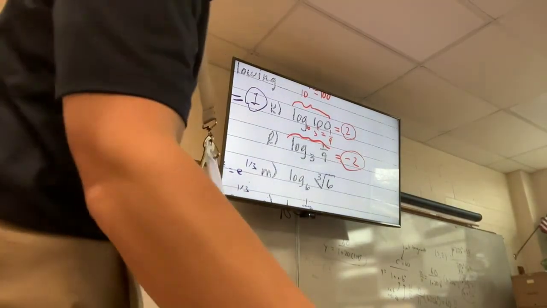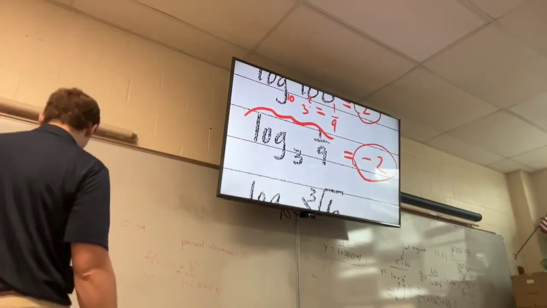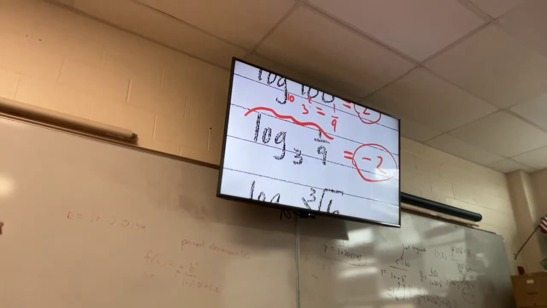So here's another little trick. Whenever you see a fraction inside of a logarithm, you're going to get a negative answer. Okay, let me qualify that. Whenever you have a whole number base and then a fraction right here, you're going to get a negative answer.